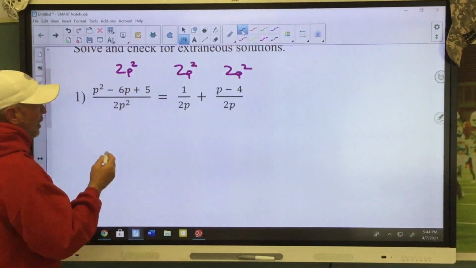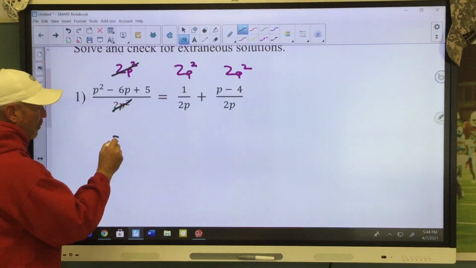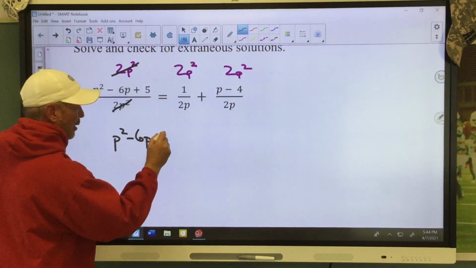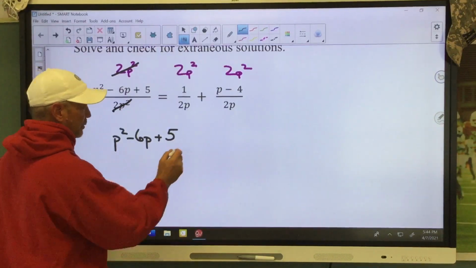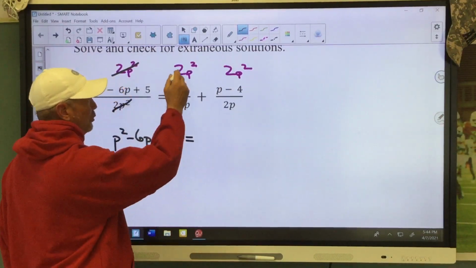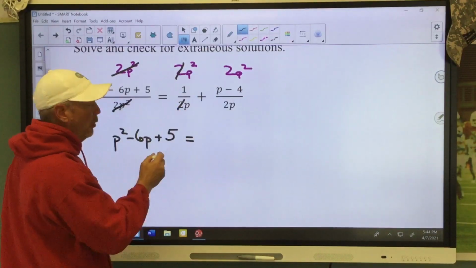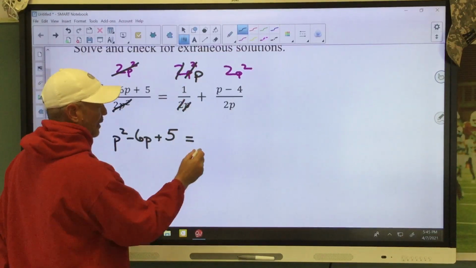This cancels and leaves me with p squared minus 6p plus 5 equals, the 2's will reduce, and the p squared over p will reduce to just a single p. 1 times p is p.